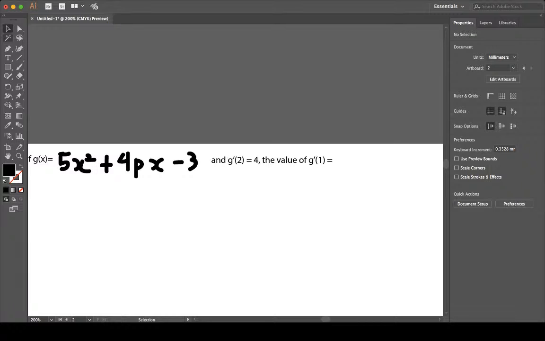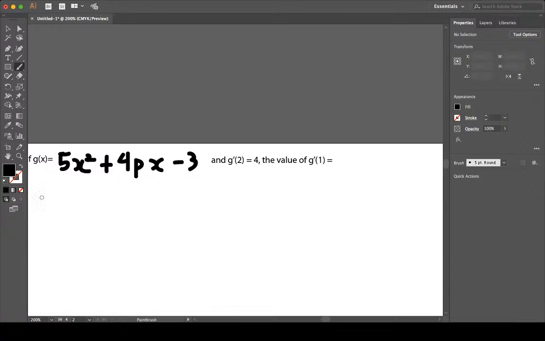So how do we take the derivative of this function here? The way we are going to do this is first by finding what g prime of x is.